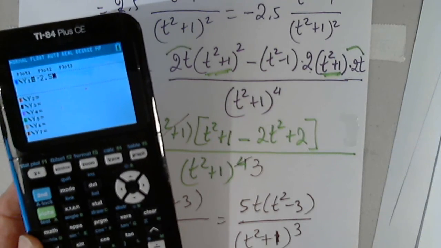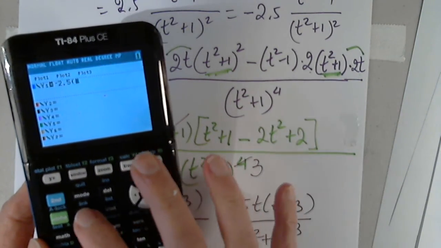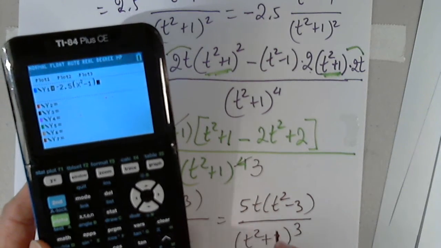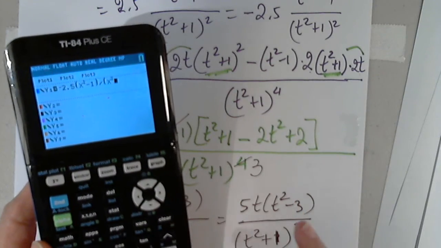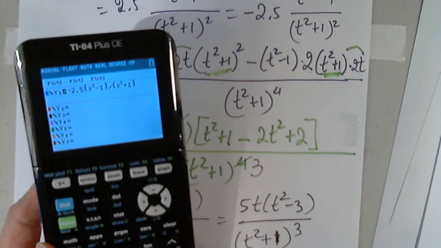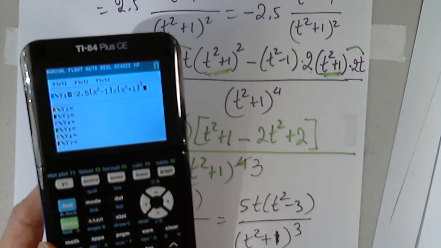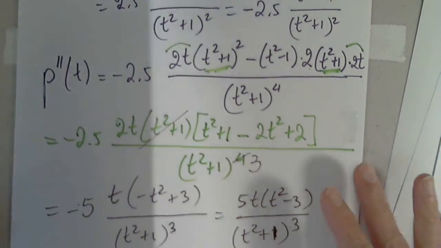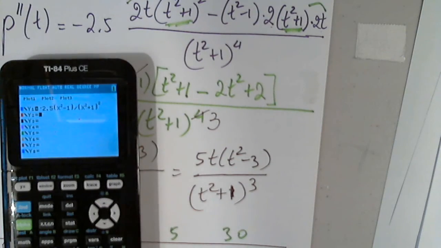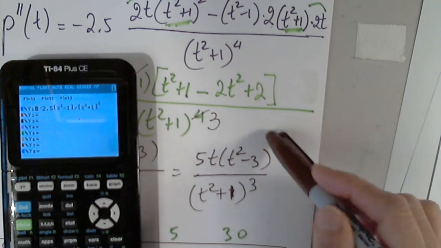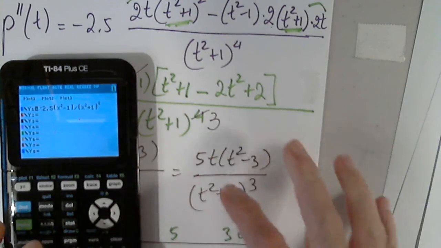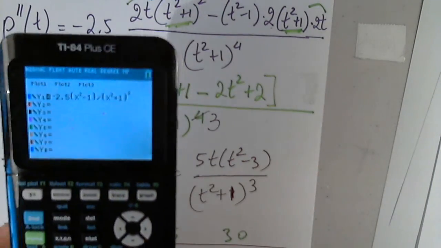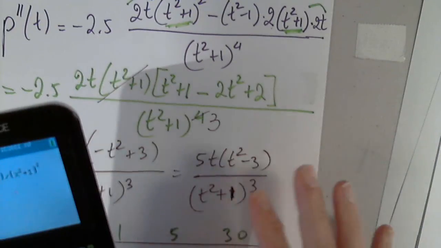In y equals, clear if you have whatever. Negative 2.5, left parenthesis, x squared, we don't have t, minus 1, close, divide in parentheses by x squared plus 1, close the parenthesis, and put power 2. The second function, you can leave it without parentheses because there's only one factor in the denominator, so it's possible. But I would recommend keeping in mind that rational functions should have parentheses in general around the numerator and the denominator.